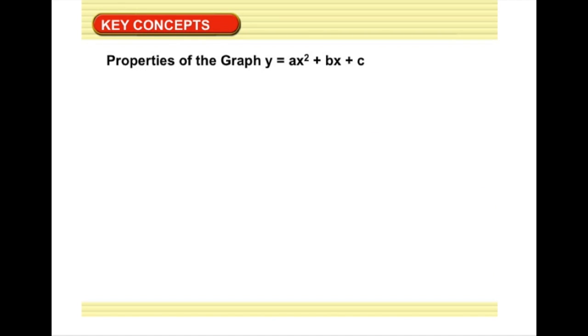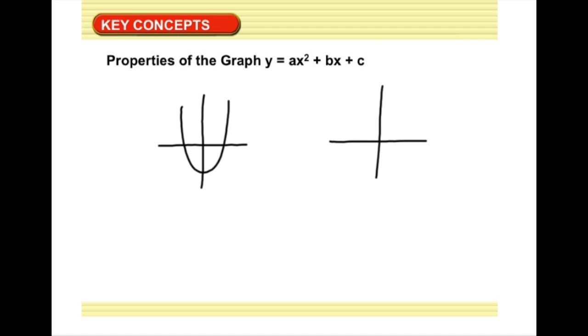Some key concepts. We're flipping back to the front of your page for your notes. When you're thinking about the properties of a graph y equals ax squared plus bx plus c, there are a few things that we were looking at in terms of our vocabulary. So we've got 2 images on your paper. The first has our opening upwards, and the second has our opening downwards.